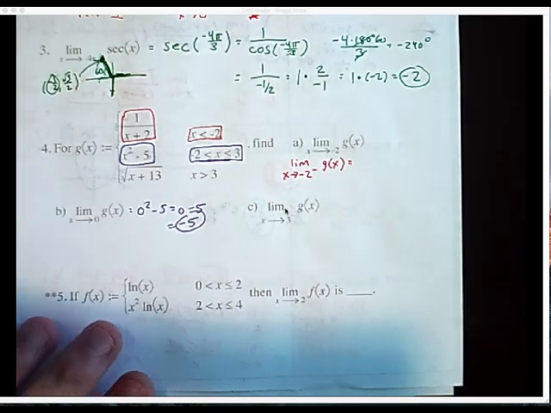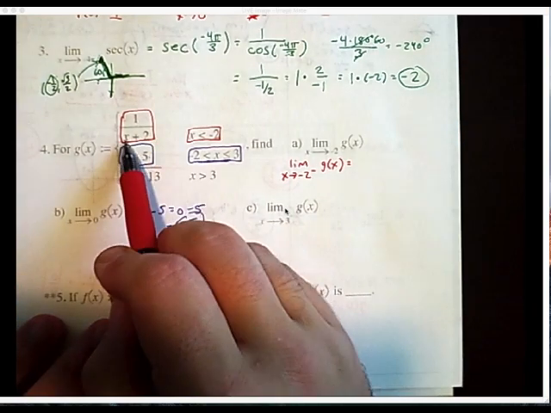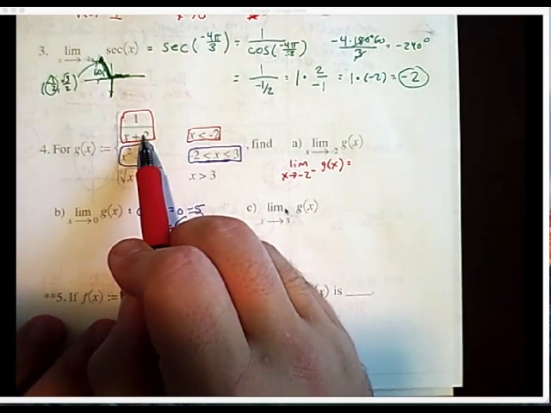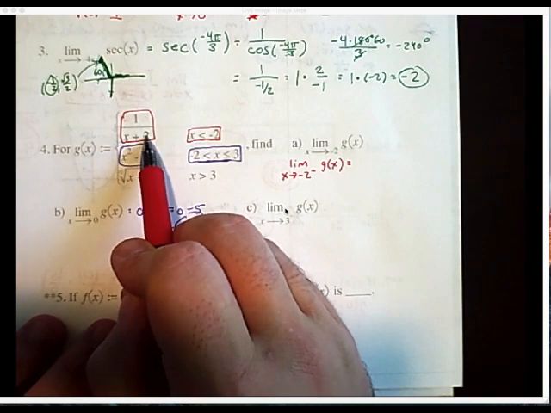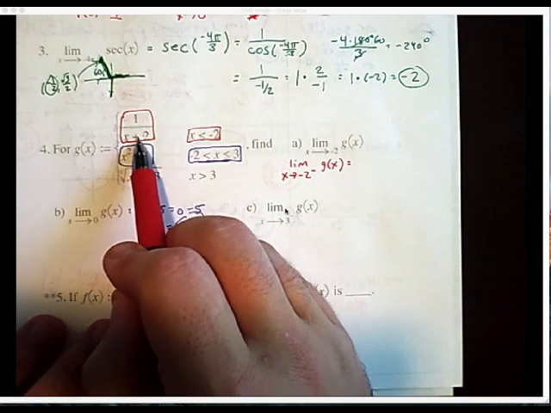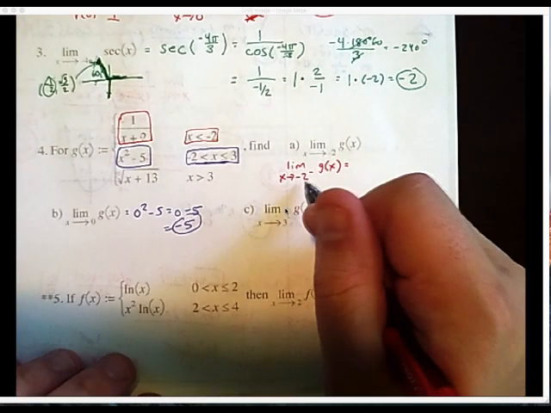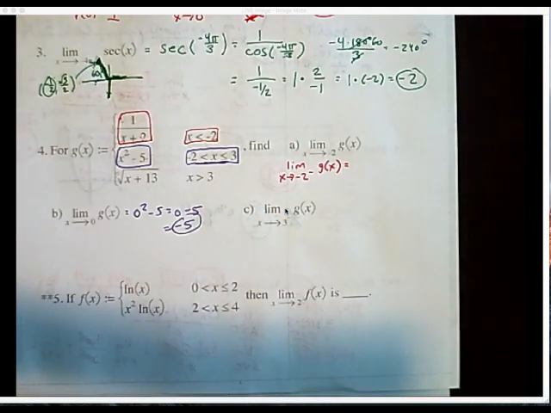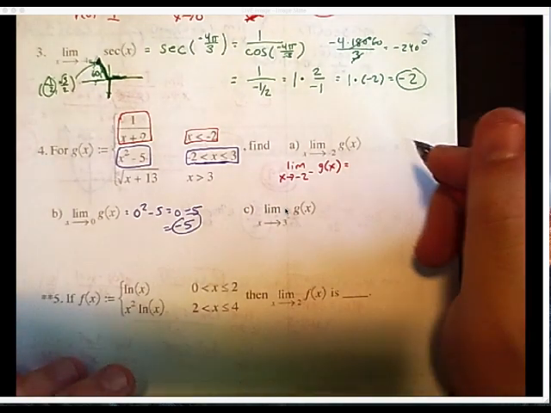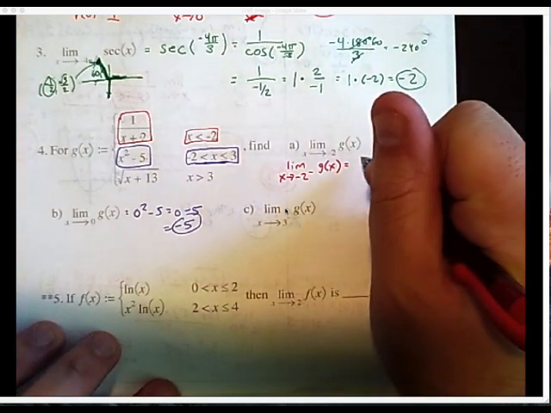So if you try to plug in negative 2 here, negative 2 plus 2 is 0. So that doesn't work. You're not allowed to divide by 0. Pick a number that's really, really close to negative 2, a little bit less though. So maybe like negative 2.01.